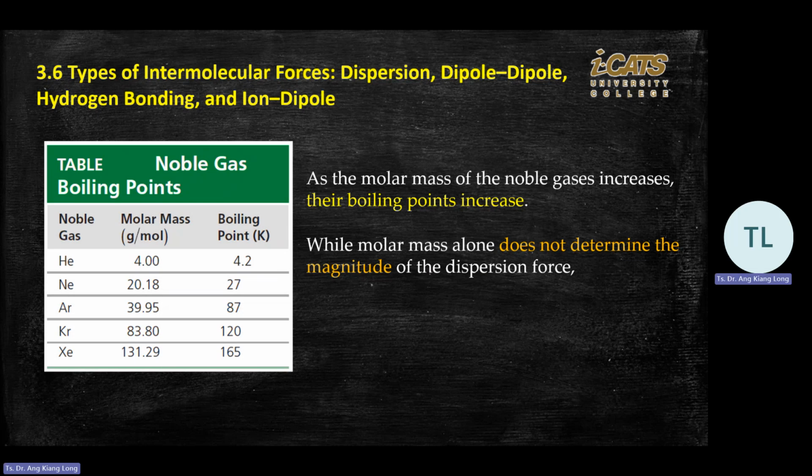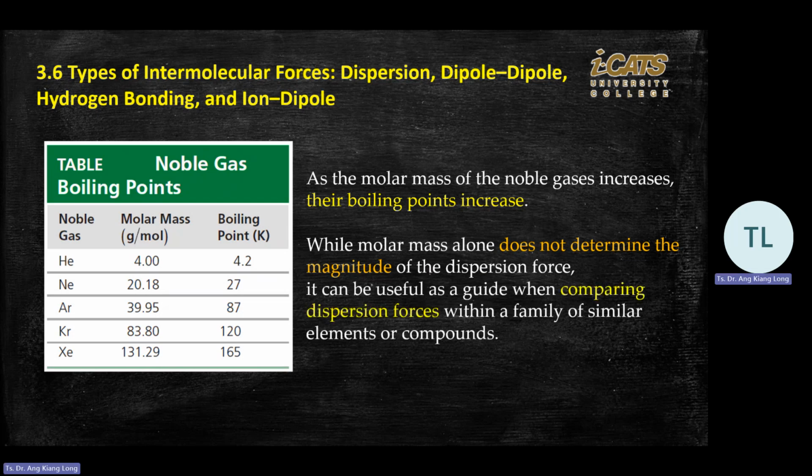The molar mass alone does not determine the magnitude of the dispersion force, but it is useful for comparing dispersion force within a family of similar elements or compounds. Later we'll look at families of compounds.